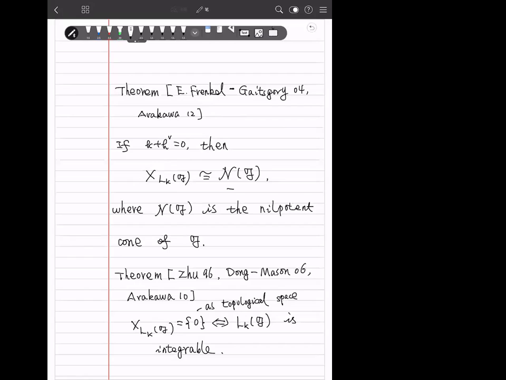Now for other cases, we have the following for positive integer k. For this case, the simple affine VOA is rational and C_2-cofinite. It is C_2-cofinite if and only if the variety is 0 as a topological space.